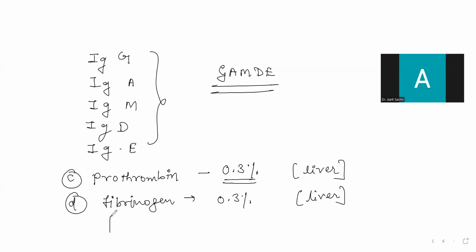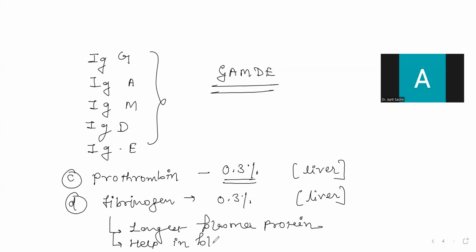And these two are called the largest plasma proteins. Why? Because they help in blood clotting. Okay. So this is about the plasma, right?